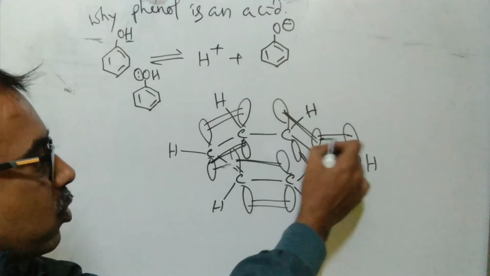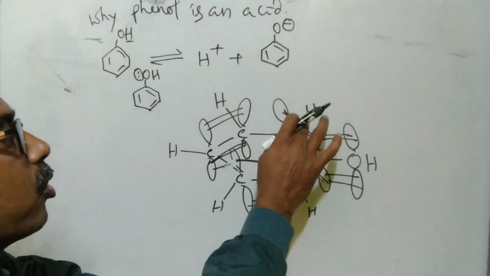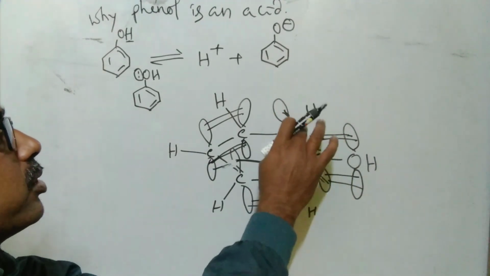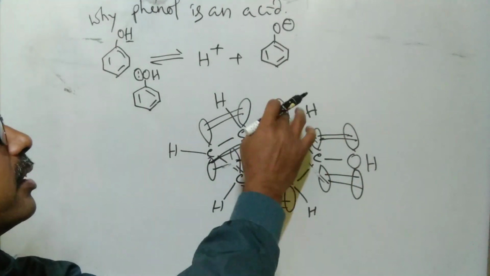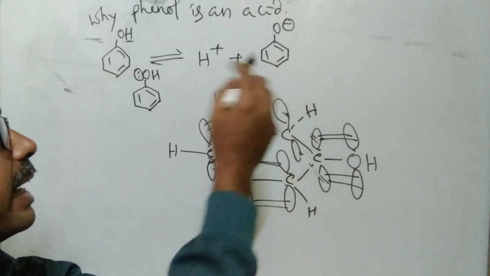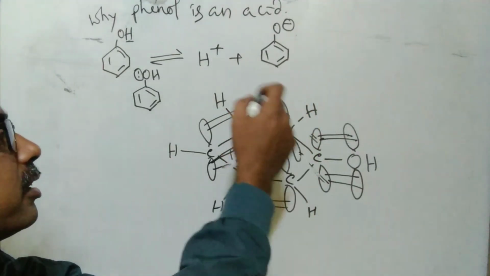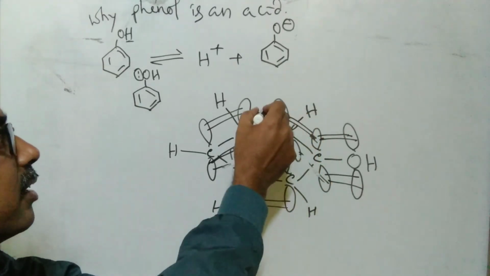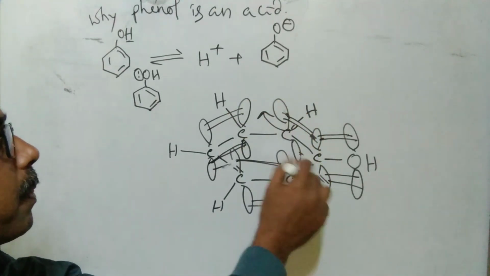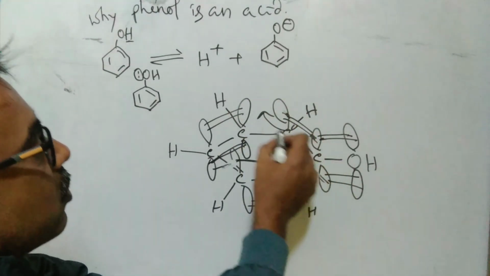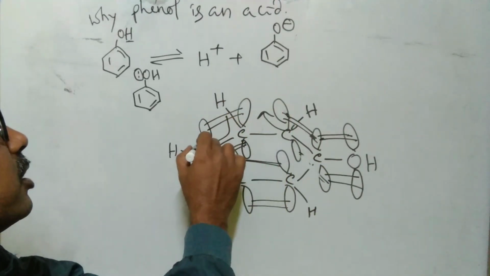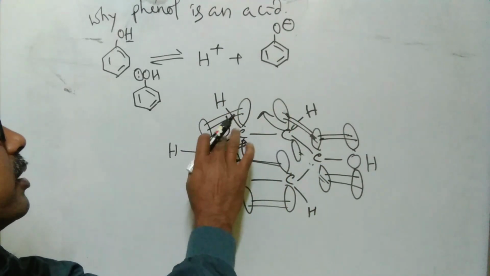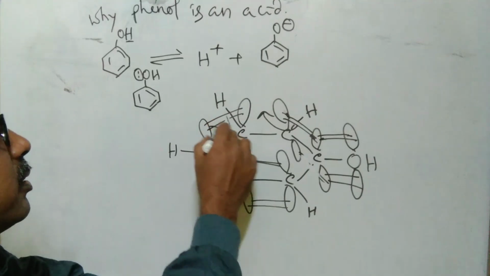When it makes the lateral overlapping, these bonds have to be broken and these bonds shifted towards this carbon as a negative charge. So the pi bonds are shifting. This pi bond breaks to form a pi bond between these two carbons.